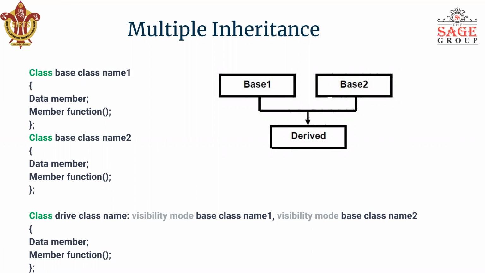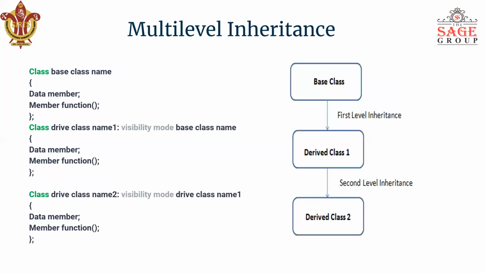Now in the derived class we again declare its own data members and member functions. So that derived class contains its own data members and also the data members of base class 1 and base class 2. So this is called multiple inheritance.